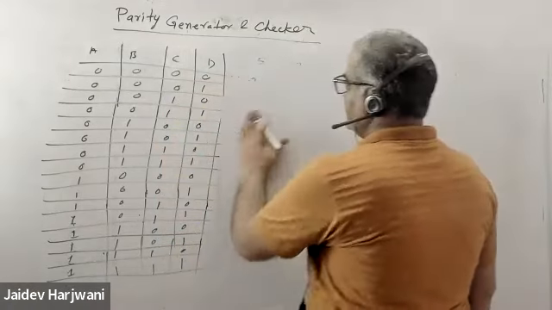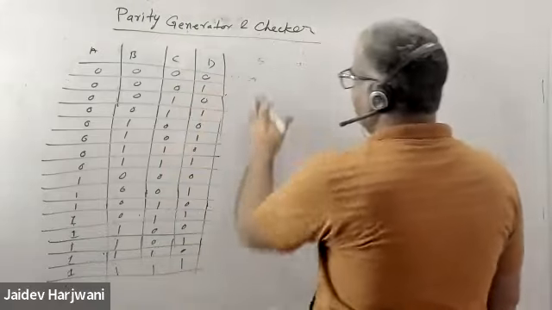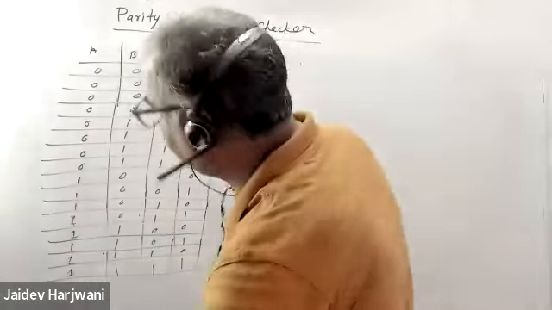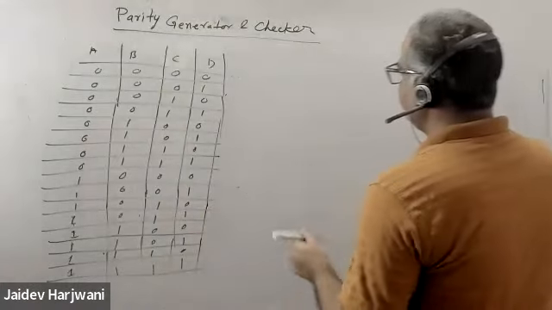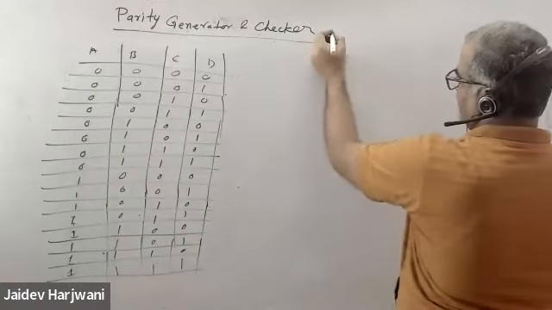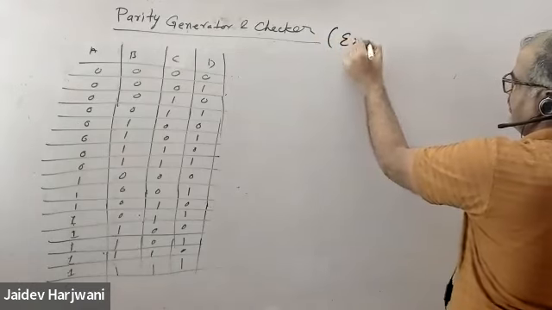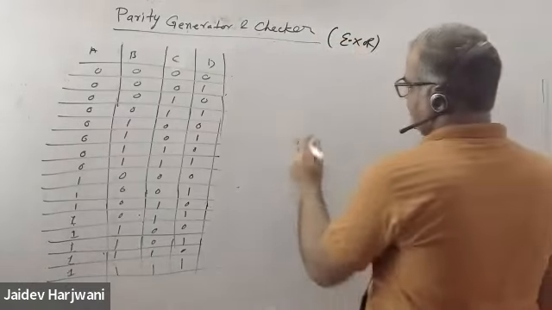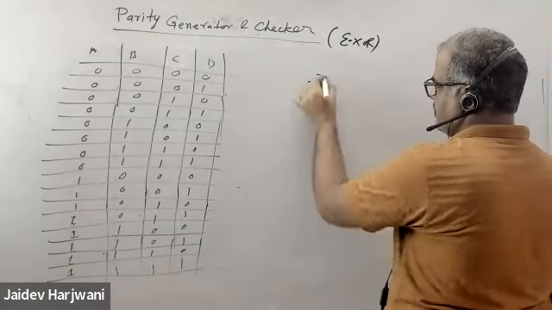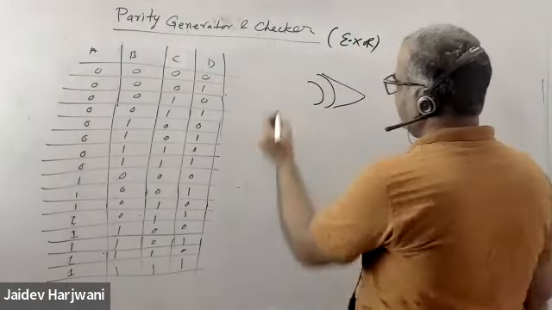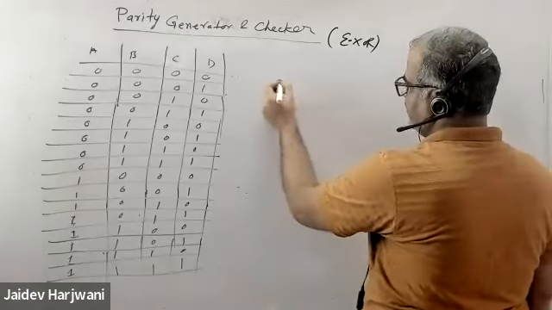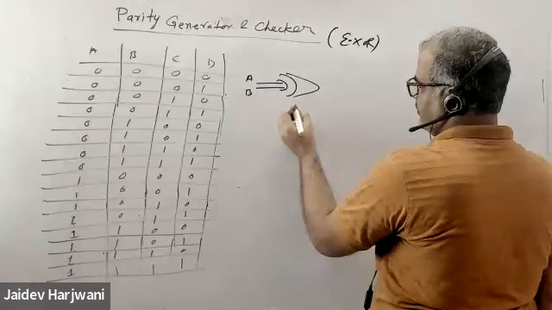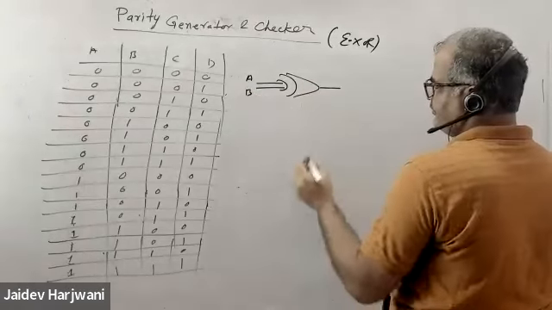Now, if I give this input to an XOR gate, XOR gate is basically used for parity checker and generator. Suppose I have inputs A and B. If I give inputs A and B to the XOR gate, I'll get some output.